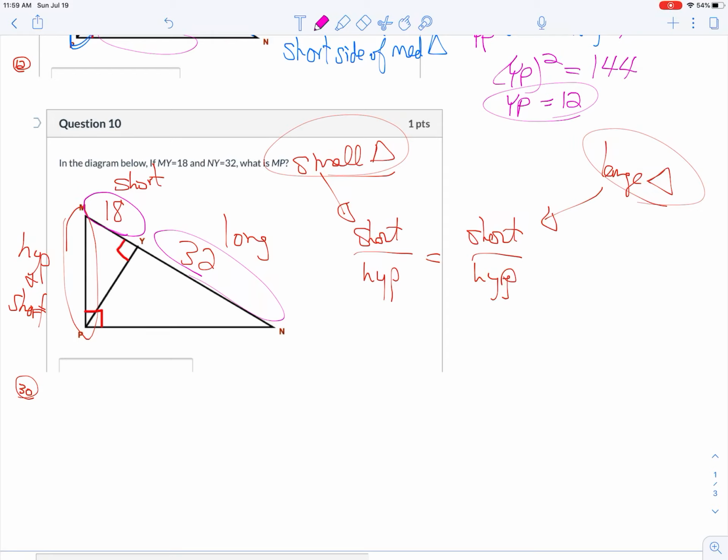So this one, 18, is the shortest side of the small triangle, and YN is the, is this a little different? You've got to connect the small triangle to the large triangle, short sides and hypotenuses. So I think I'll let you take that one with this as a hint.